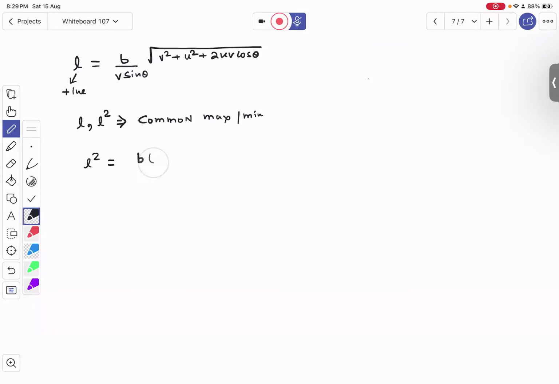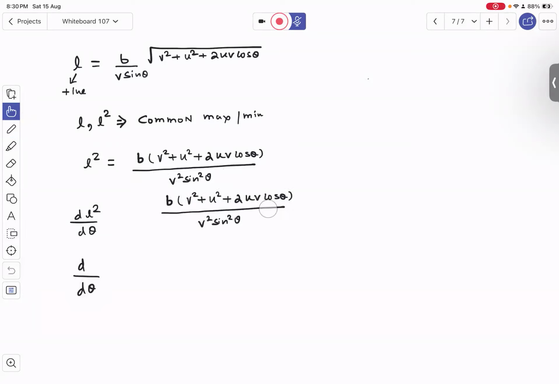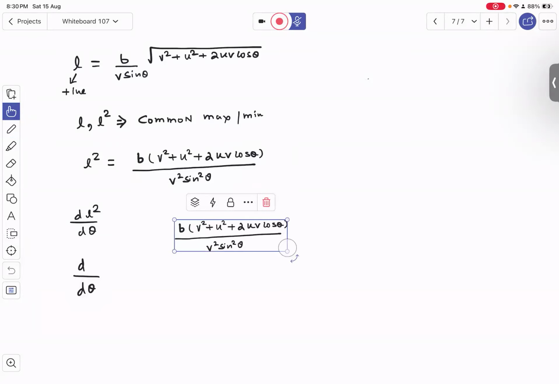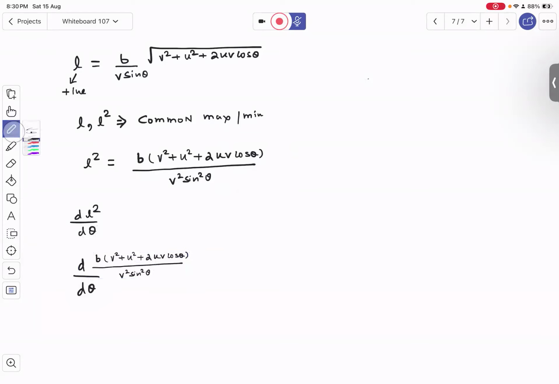That will be B into V square plus U square plus 2UV cos theta divided by V square sin square theta. So differentiation of L square with respect to theta will be differentiation of this all with respect to theta, and it will be equated to 0, no?